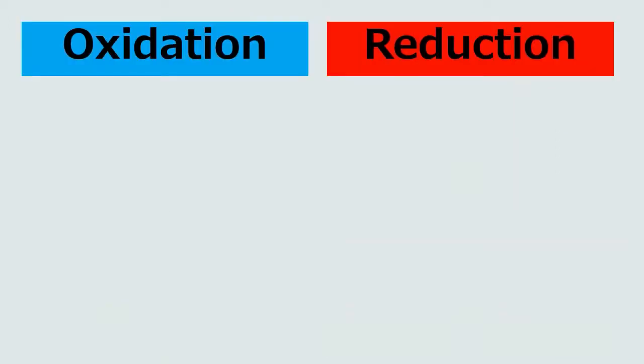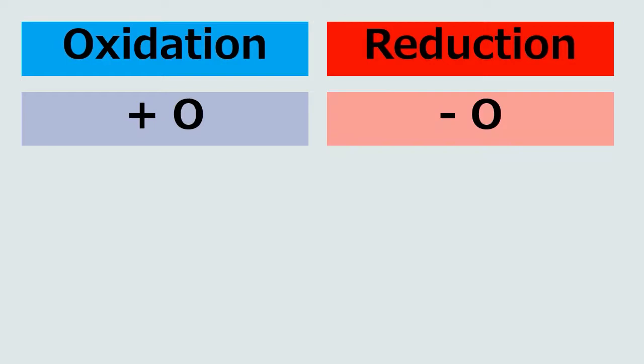Now, let us conclude the three terminologies of oxidation and reduction reaction. A substance is said to undergo oxidation when it receives or gains oxygen, while if the substance loses its oxygen, it is said to undergo reduction.